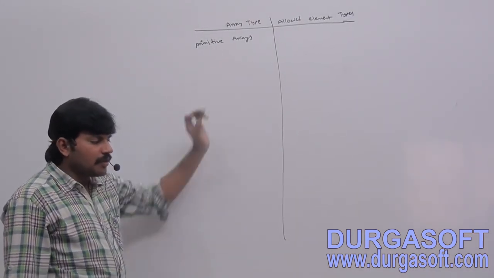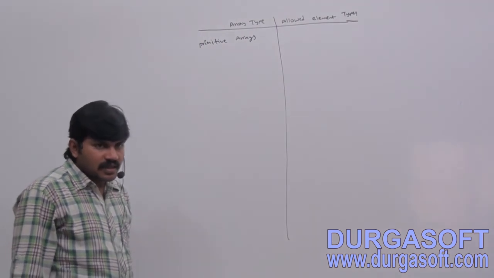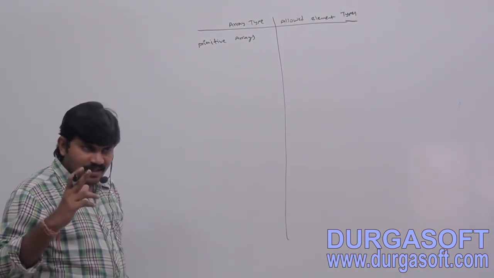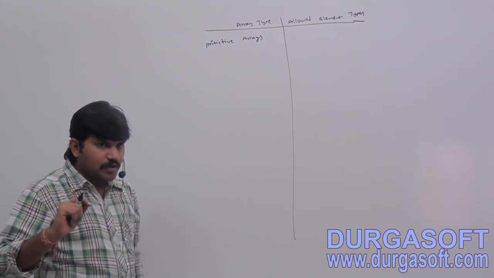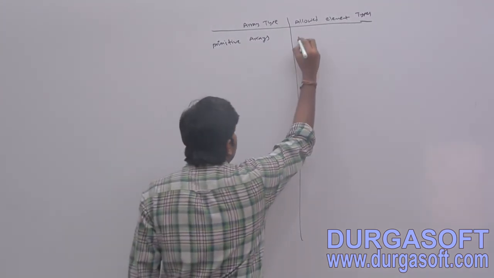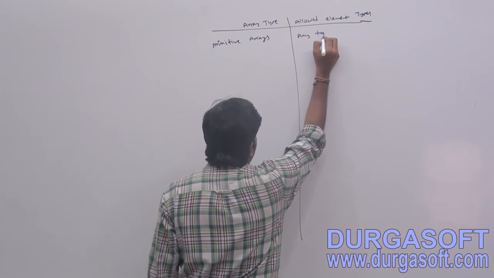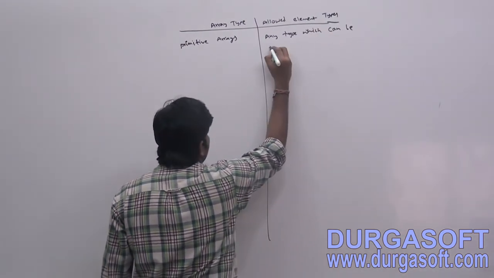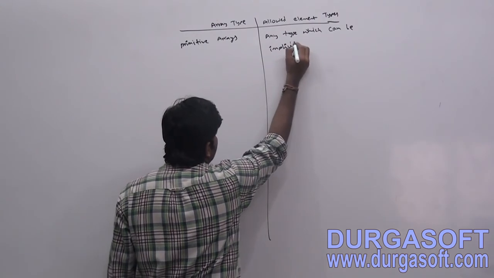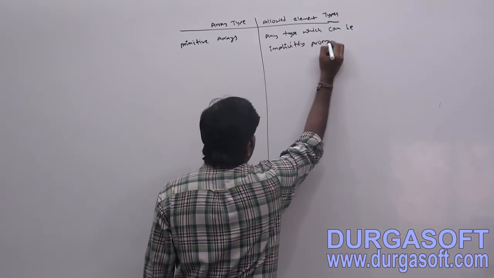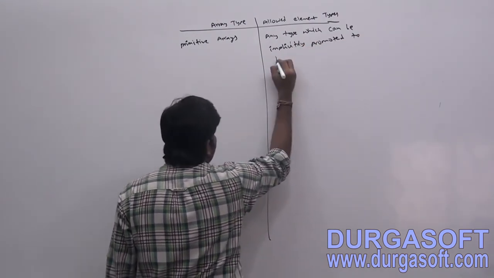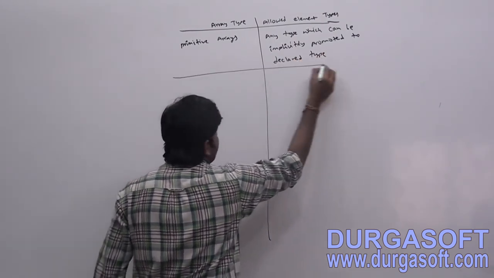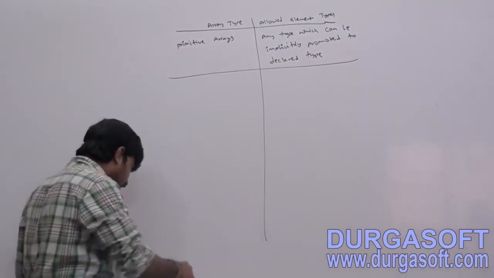In the case of primitive type arrays, as array elements, we can provide any type which can be implicitly promoted to the declared type.